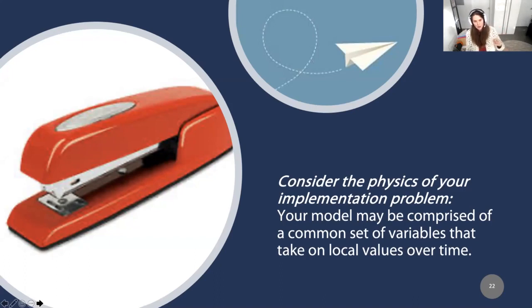This was the holy grail in implementation science. We know context matters. We know not everybody has the same resources. We know these things need to fit within the implementation context, but how do we do that? Since these models are all using calculus and taking on these local values, you could imagine the difference between throwing, say, a paper plane and a stapler across the room.